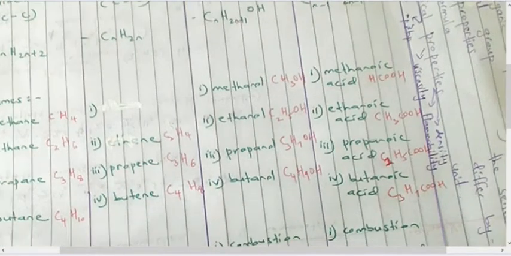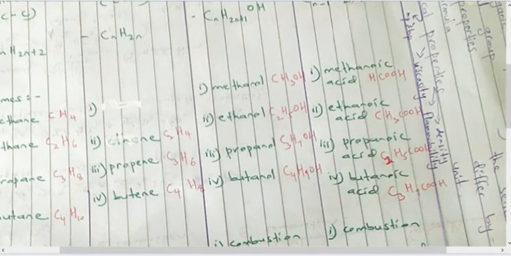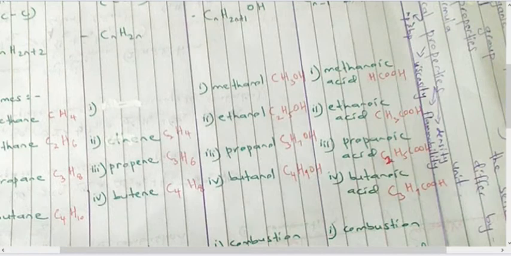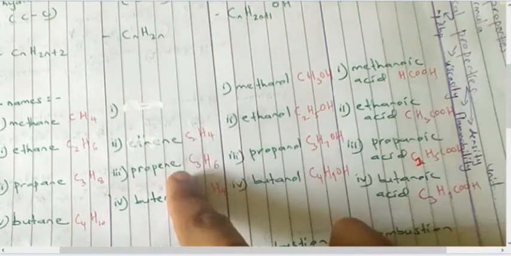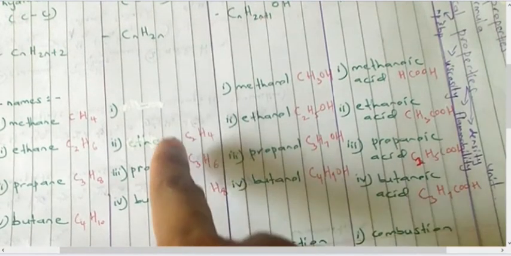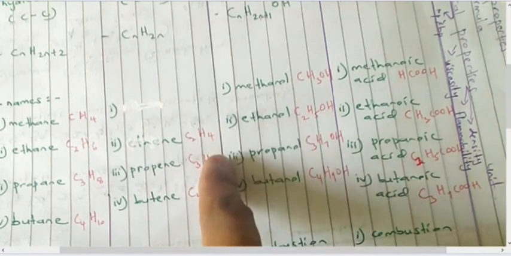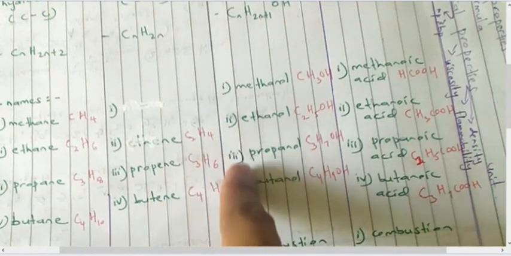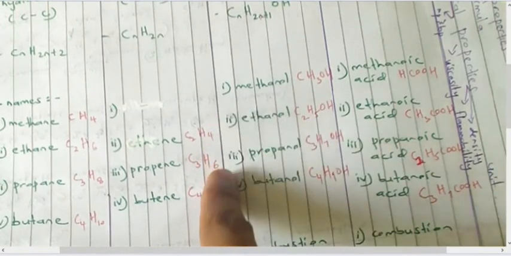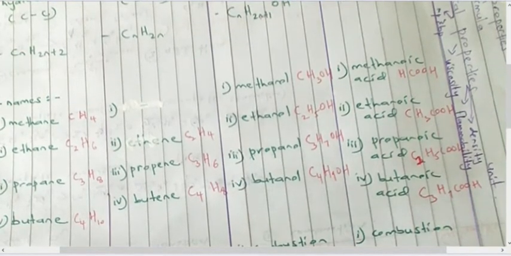Every member in the series will fit this formula. As you can see, each member in the series, I just added CH2. From this to this, I added 1C, 2H. From this to this, I added 1C, 2H. So each member in the series differs by CH2. Similarly, I can try it for the other one.